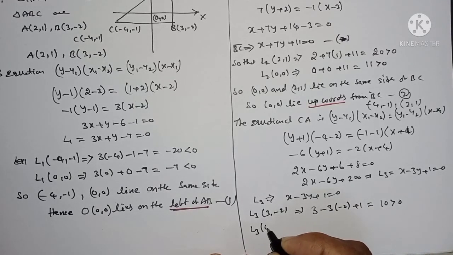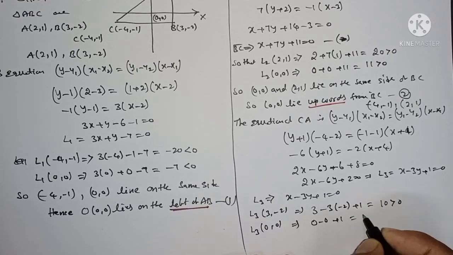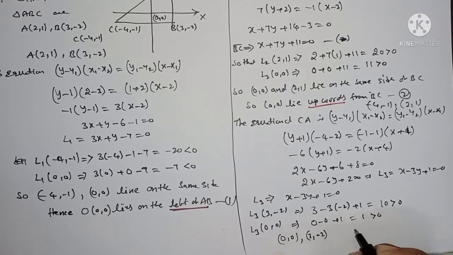L3 of 0 comma 0 means 0 minus 0 plus 1, that is 1, greater than 0. They are the same side only. This is also the same side. 0 comma 0 and 3 comma minus 2 lie on the same side of AC.